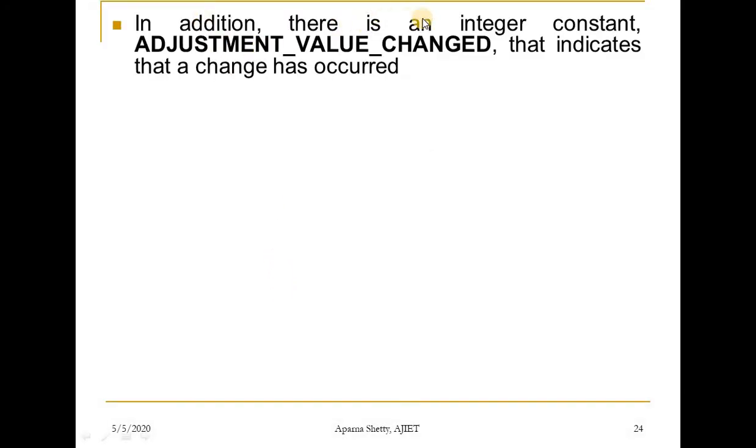In addition, there is one more integer constant, that is adjustment value changed. That indicates that a change has occurred. So if you make any changes to the scroll bar, it is represented by this integer constant, adjustment value changed.